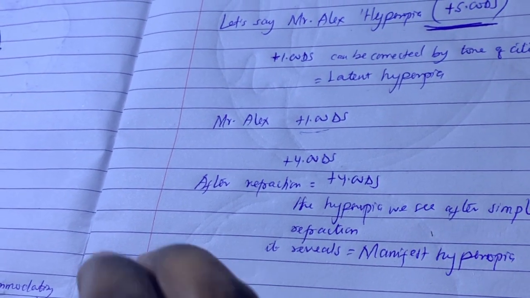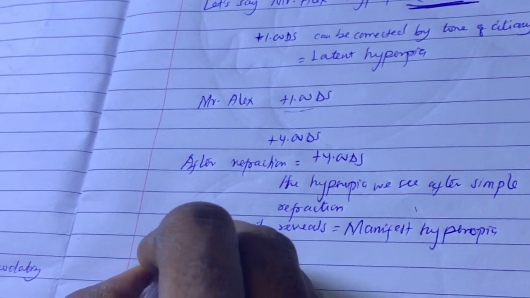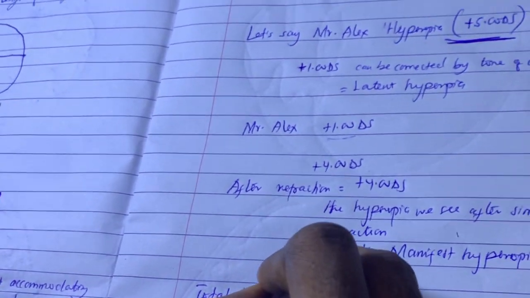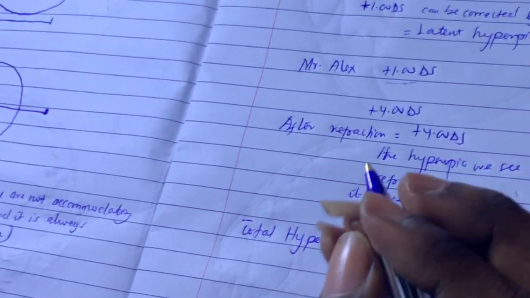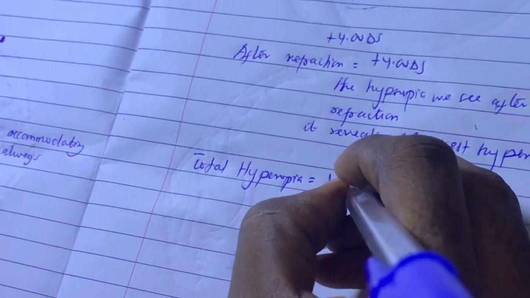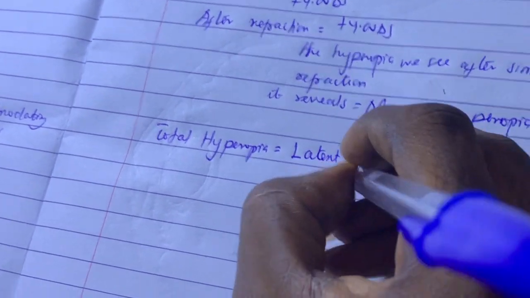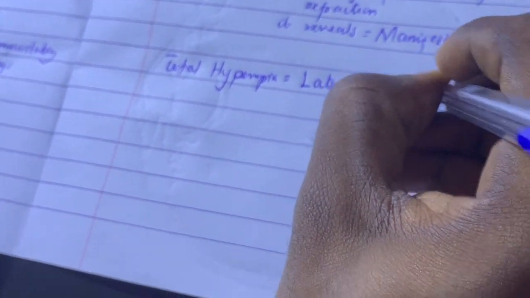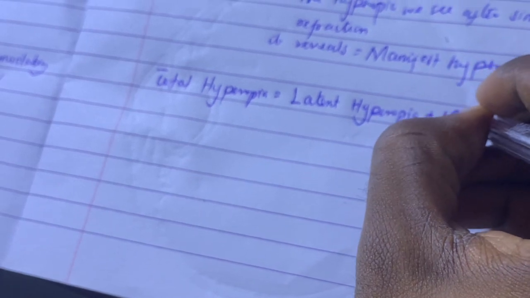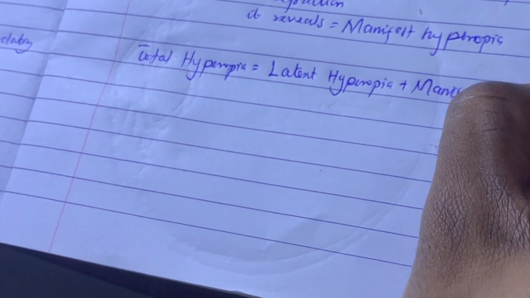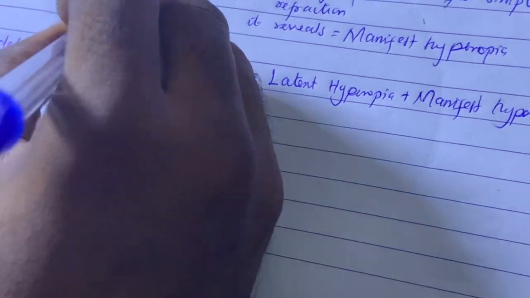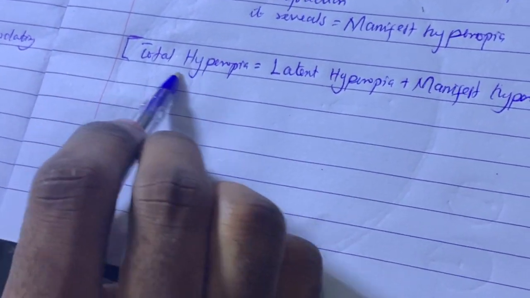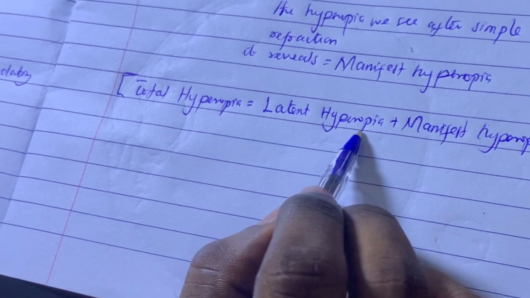Total hyperopia is the latent hyperopia plus the manifest hyperopia, as simple as that.